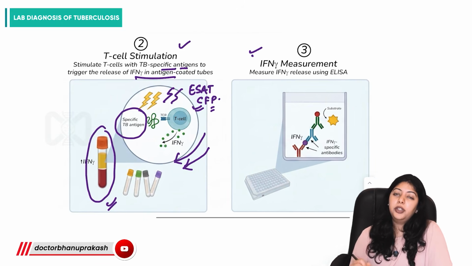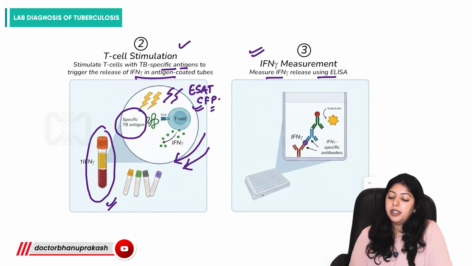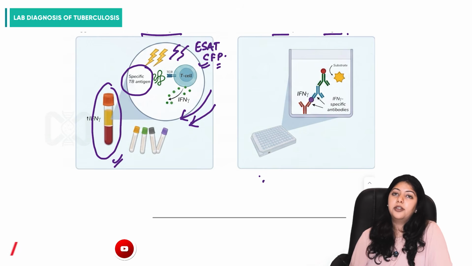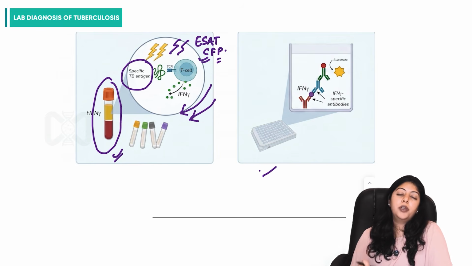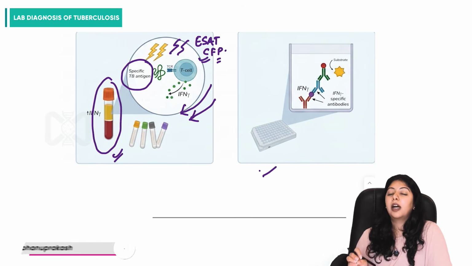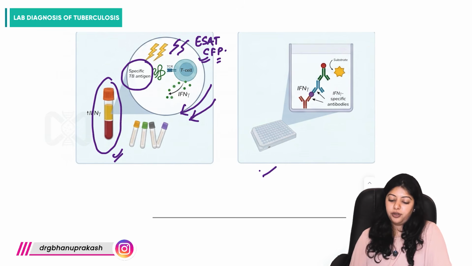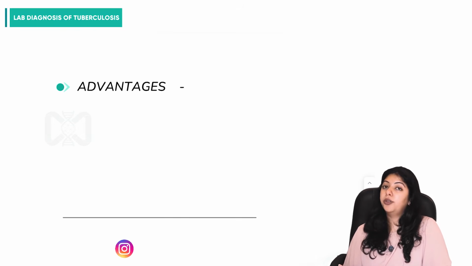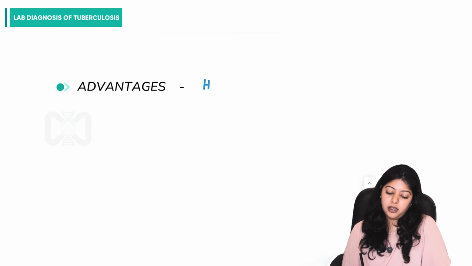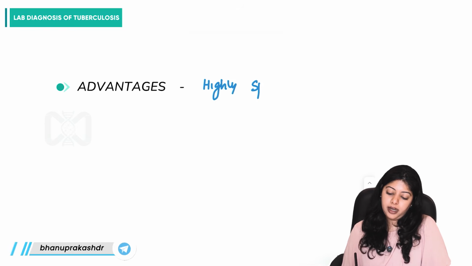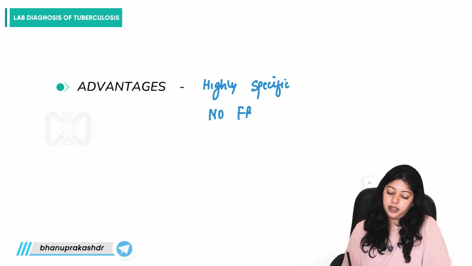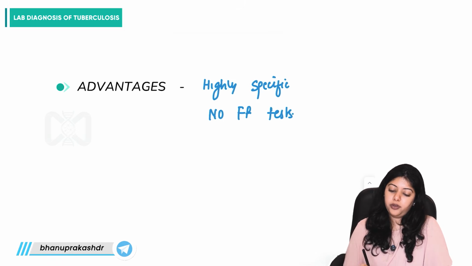And then this amount of interferon gamma can be detected with the help of an ELISA reader. So this is how we perform this test, and this is how we know that this patient is positive for a latent TB infection. Advantages we have already discussed: this is highly specific, and no false positive results.